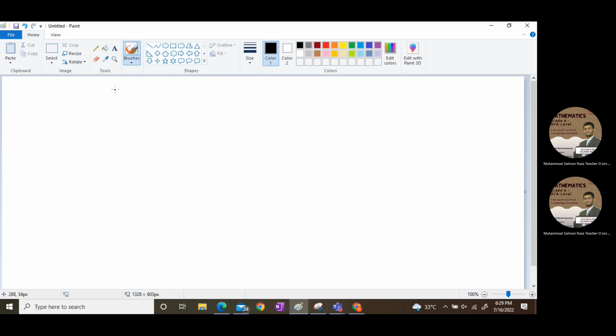The next case is if the sequence is now in this way: 10, 8, 6, 4, and you need to find out the next numbers. So now you can see that 10 minus 2 is 8, 8 minus 2 is 6, 6 minus 2 is 4. So again, we'll write the formula for the nth term. It's a plus n minus 1 times d, where a is the first number and d is the common difference.